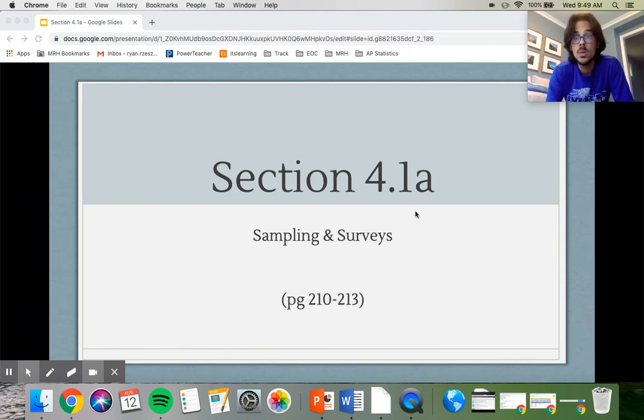I like frequent quizzes in AP Stats, so there's usually a quiz every 3 lessons or so, like per section. Most sections have their own individual quiz. At the bottom right here, you'll see page numbers written down. Those page numbers correspond to the pages in the textbook that you can read to get the same content that was covered in the video.